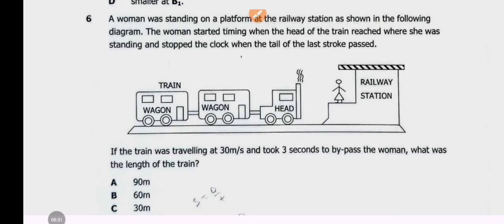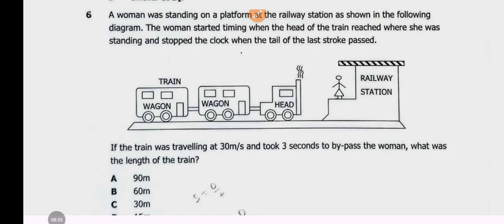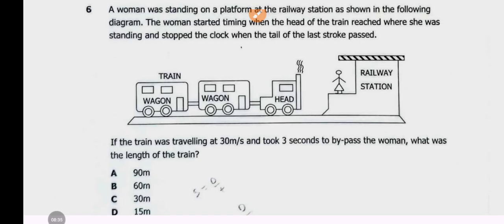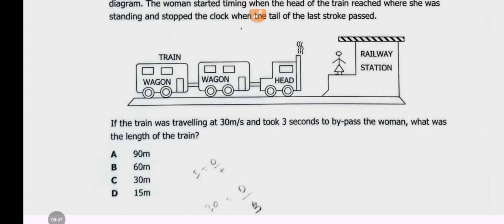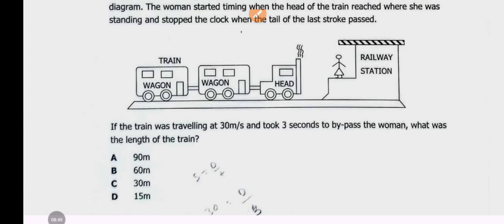Right. Question 6. A woman was standing on a platform at the railway station as shown in the following diagram. The woman started timing when the head of the train reached where she was standing and stopped the clock when the tail of the last coach passed.